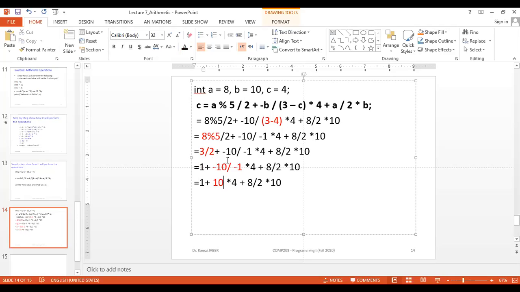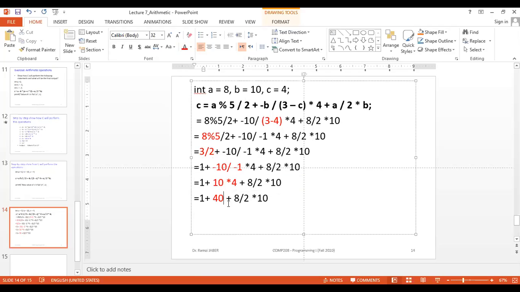So minus 10 over minus 1 will give us 10. Now we have plus, times, division, times. So we start again with this, times before, from left to right. Again, copy and paste this. So 10 times 4 will give us 40.